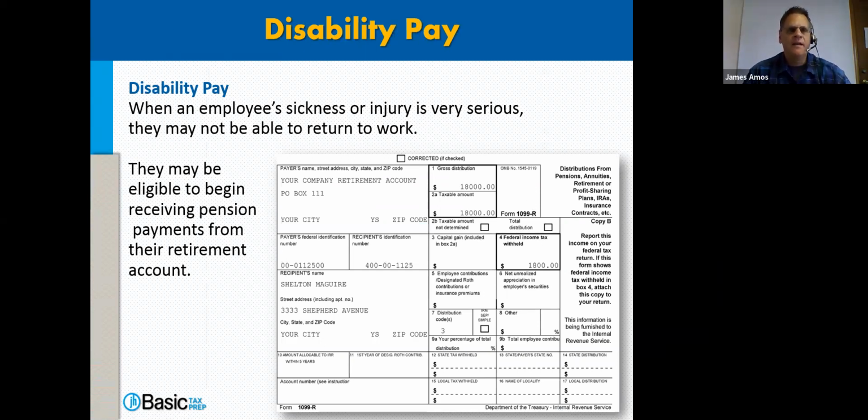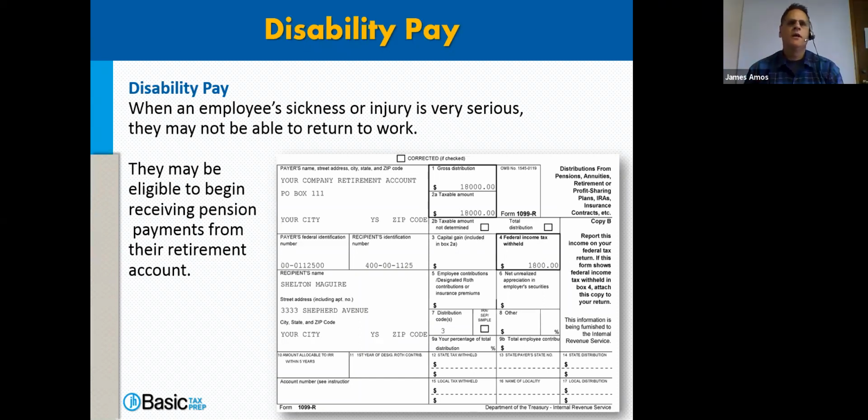Why is that? Because for anybody who's disabled and not retirement age, disability is treated as if you were earning it. So you actually put it in box 1 rather than where you'd put retirement income, which is on a different line. So let me say this differently. On your W-2, you have one line for reporting earned income.